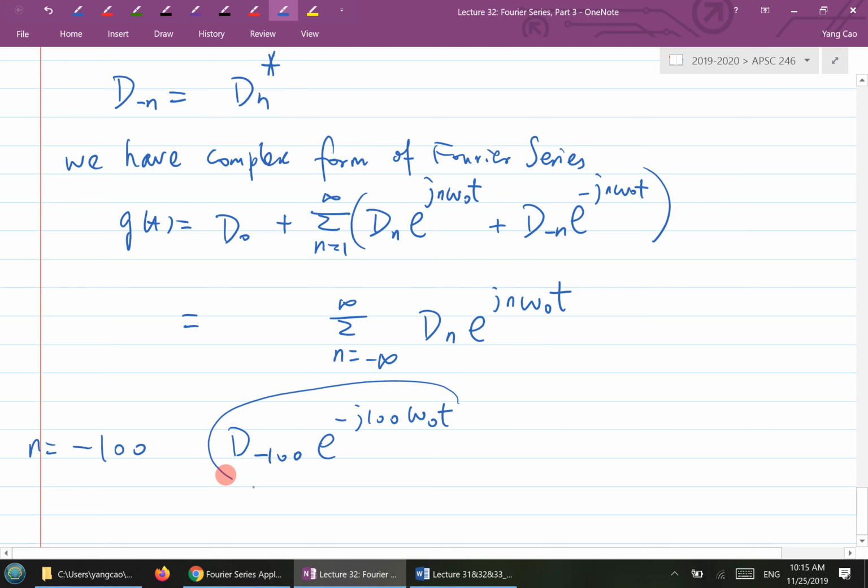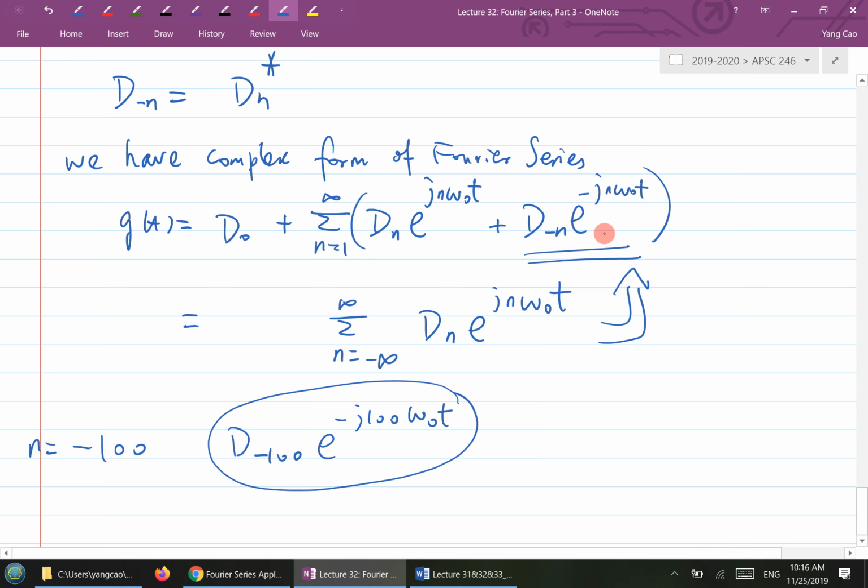So this term is exactly this term here. So the negative values of n include this term, positive values of n include this term, and n equal to 0 gives this term. So this writing is an equivalent format to this expression here.